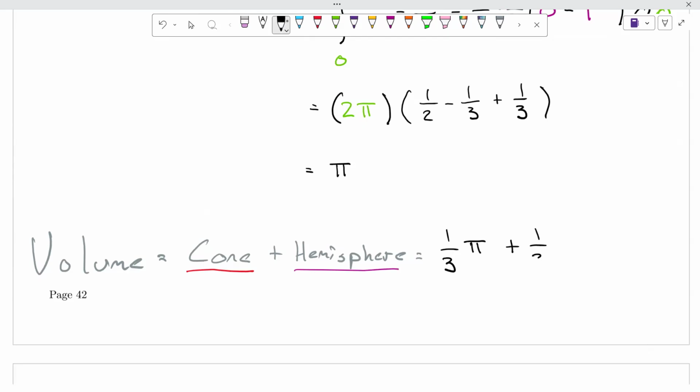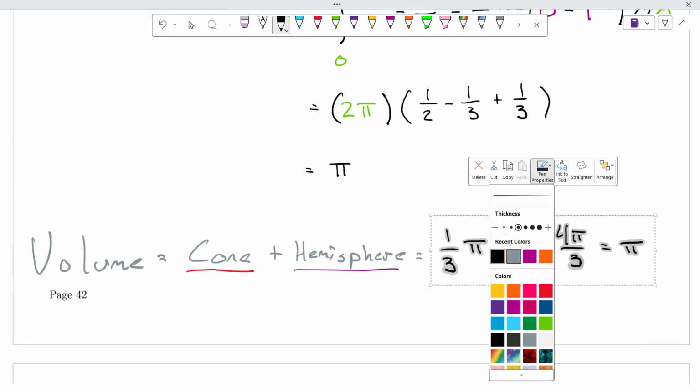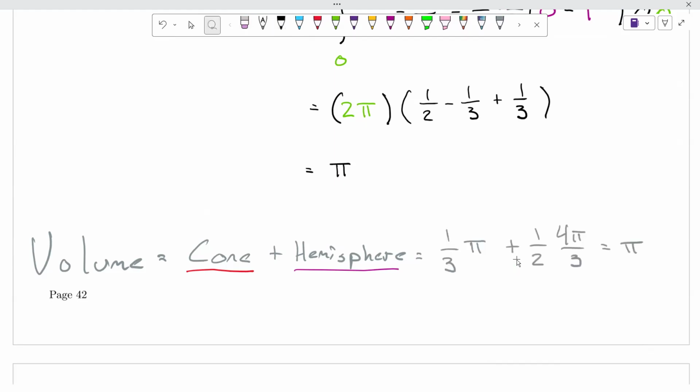Plus a hemisphere is half of 4 pi over 3 times r cubed, r just being 1 again. So 1/3 pi plus 2/3 pi is pi. Back to gray. So we'll just use that volume as a way to check our answer on this one.